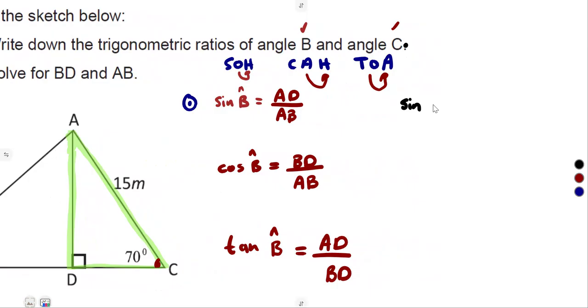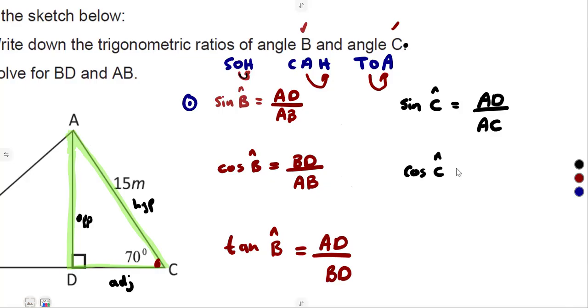So the sine of angle C is going to be, like we said here, opposite over hypotenuse. According to angle C, this is our opposite, and DC is our adjacent, and definitely the one facing the 90 degrees is our hypotenuse. So opposite AD over the hypotenuse AC. The cos of angle C is adjacent over hypotenuse.